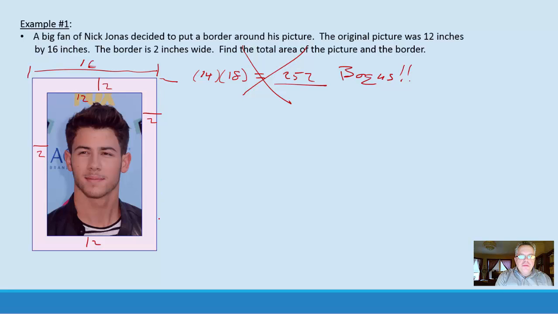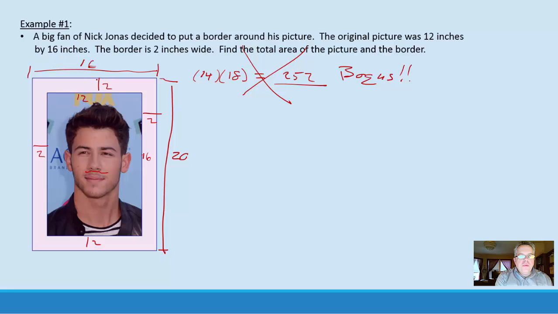And same thing with the length. We're adding 2 on the top and 2 on the bottom. So if the original length was 16, then we have to add 2 2's, which would be adding 4, which is 20.